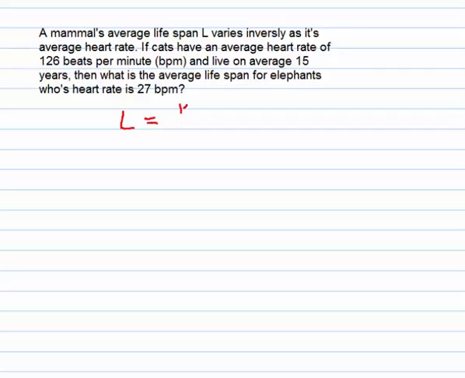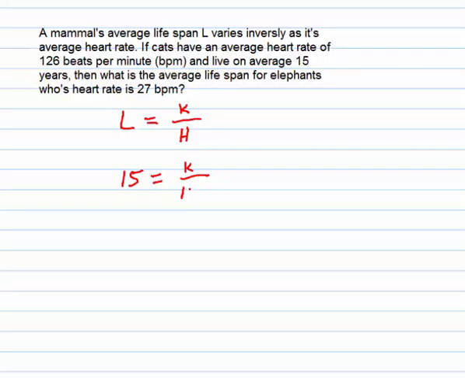So we have some constant. Inversely means you're dividing by it. So average heart rate, I'll just call it H, the heart rate. So it's equal to some constant times 1 over H, or the constant divided by H. So now we have to solve for K. Cats live on average 15 years, which is equal to K divided by the number of heartbeats.